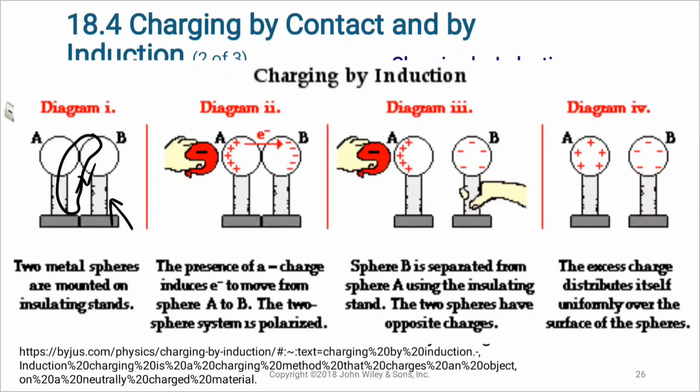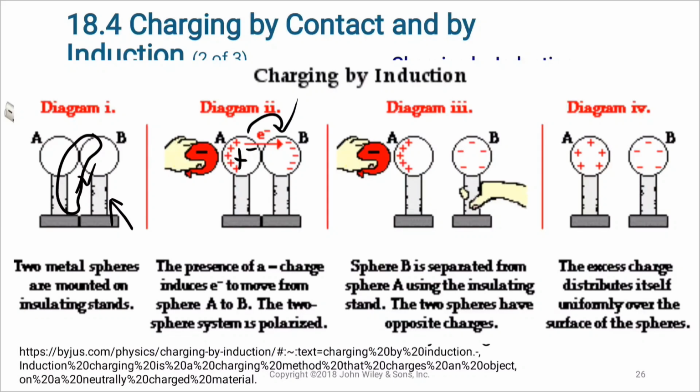Again, in diagram A, we have two metal spheres mounted on insulating stands, representing a charge induced to move from sphere A to B. It means you're going to transfer its charges to sphere B through grounding. Sphere A is in a neutral state, which has positive and negative charges, and sphere B has no charge at all.